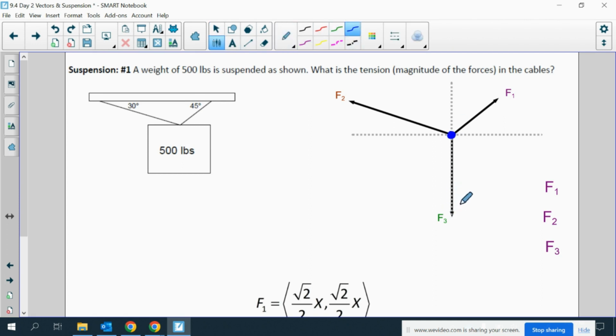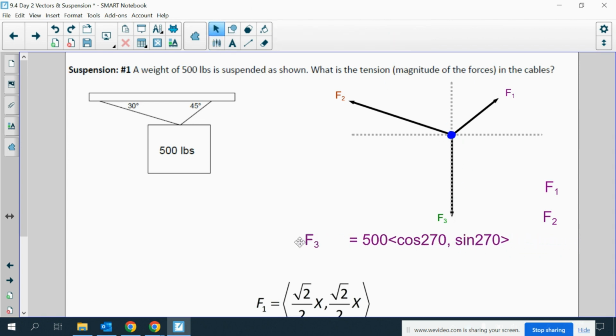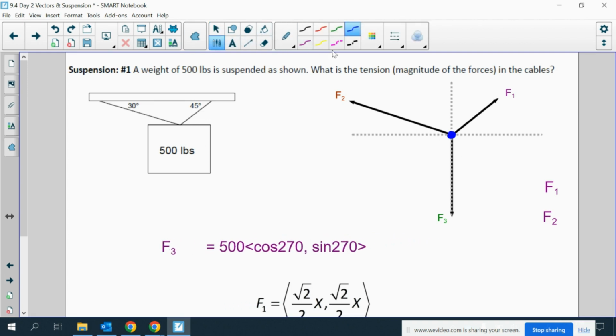The force being pulled down on the box is gravity. It's really not that hard to just realize that that is 0, negative 500. You don't need to do all the things with the cosines here, because you should know what that is. It's all in the y direction. But if you want to, that's fine.